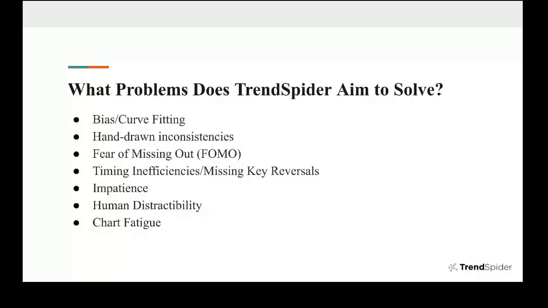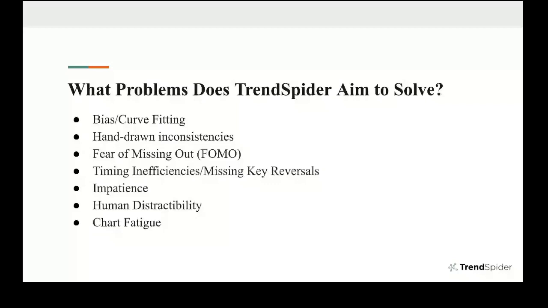So some of the problems that we're aiming to solve to make your life easier are, one, removing bias in curve fitting. Essentially, when you're going to draw a chart manually, it's very easy to draw a chart that may have some bias to it, that may be a little geared towards your position, whether that's a long or a short position. So what we do with TrendSpider is we really try to automate some of the processes of technical analysis by complementing your discretionary analysis, not replacing it.